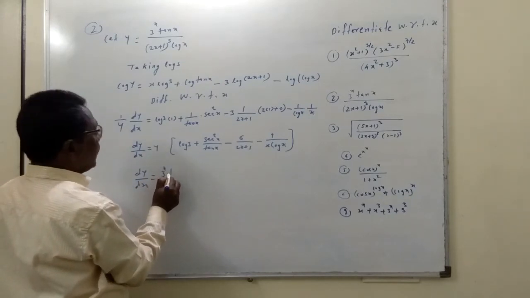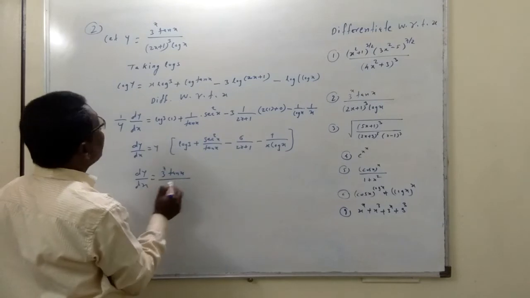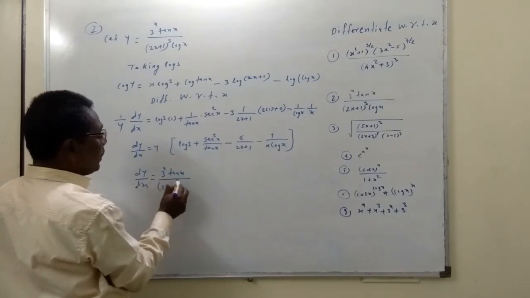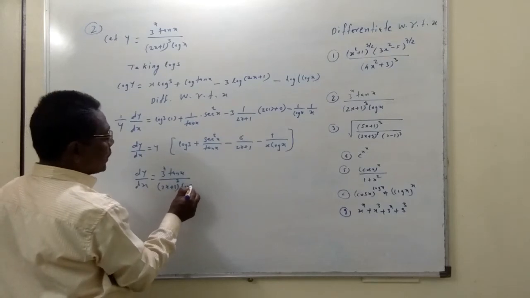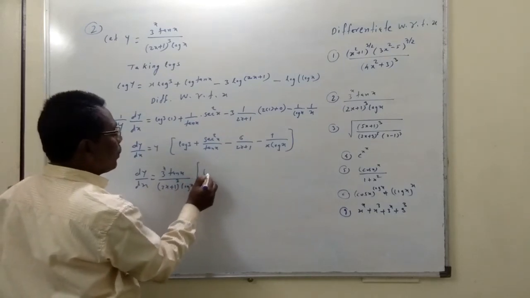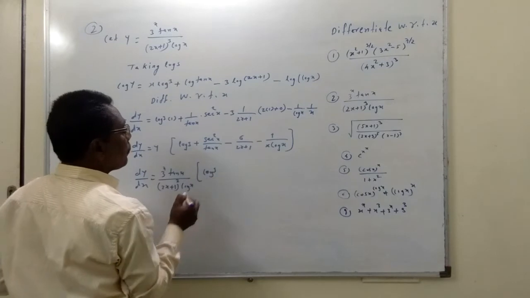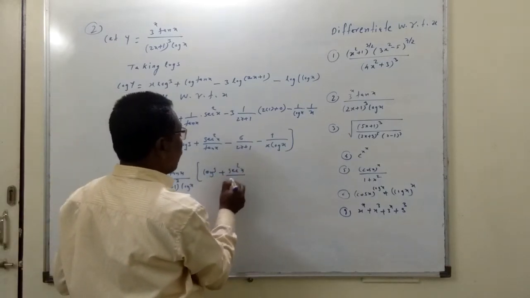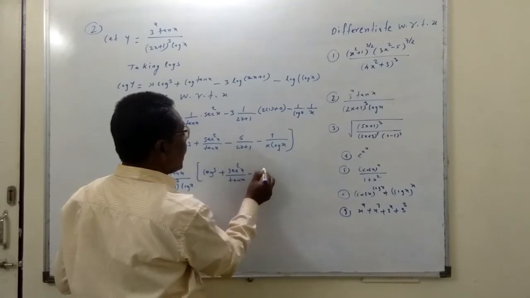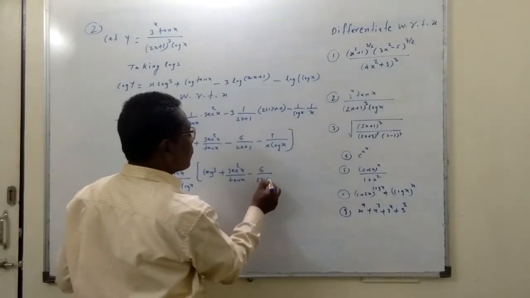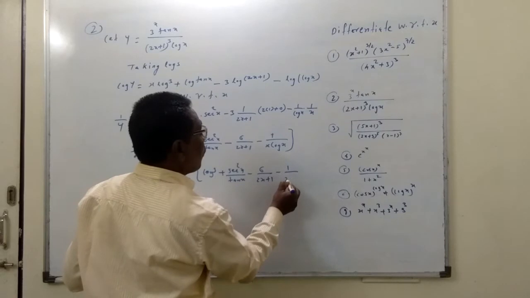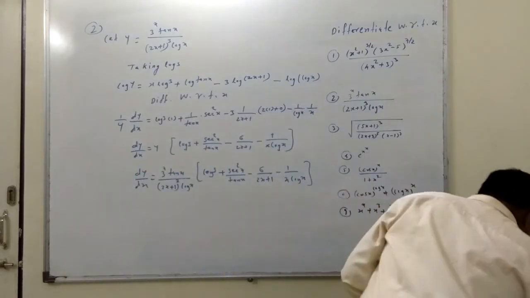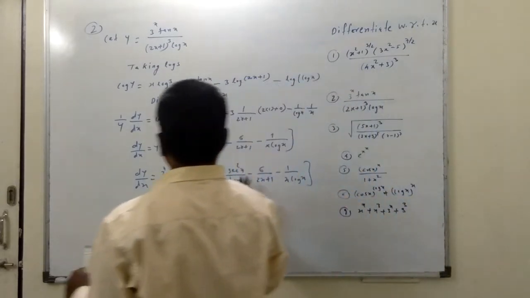So 3 raised to x tan x divided by 2x plus 1 raised to 3 log x, into bracket log 3 plus sec square x upon tan x minus 6 upon 2x plus 1 minus 1 upon x log x. So this is the derivative of the second example.